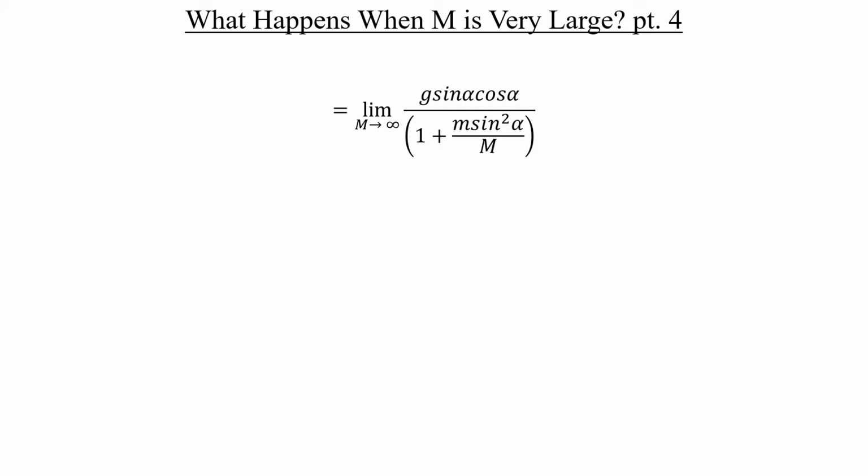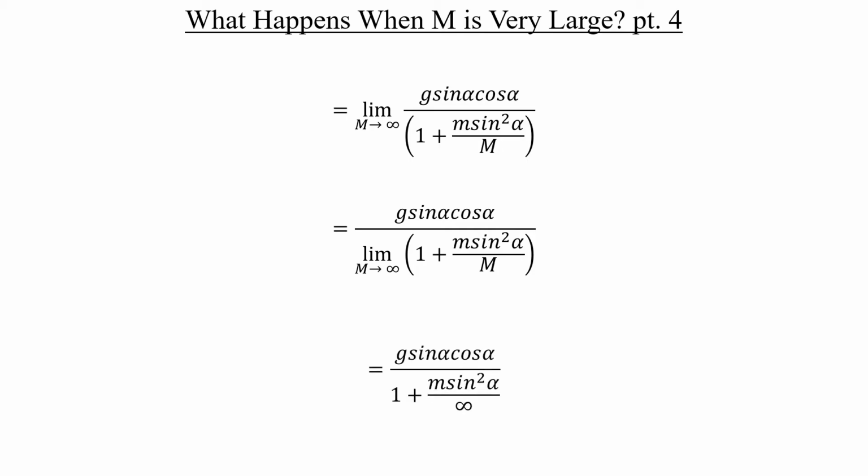Now that we have the same situation upstairs, where the numerator doesn't care in the slightest about M going to infinity, all we have to do is worry about applying the limit downstairs. At this point, we're free to plug infinity in, so let's see what happens.